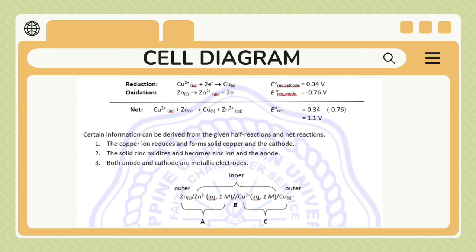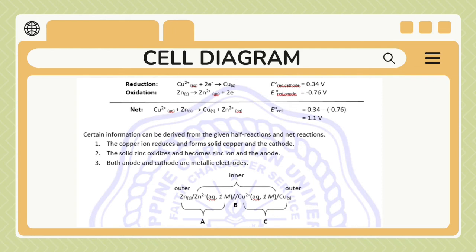The standard rule in writing cell diagrams can be remembered by using the acronym ABC, or anode, bridge, cathode. So the reaction at the anode is expressed on the left side, while the reaction occurring at the cathode is represented on the right side, and they are separated by a salt bridge, which is denoted by a double bar.